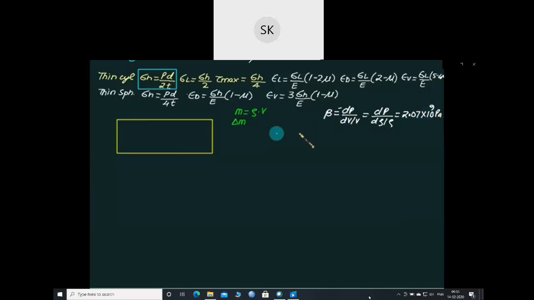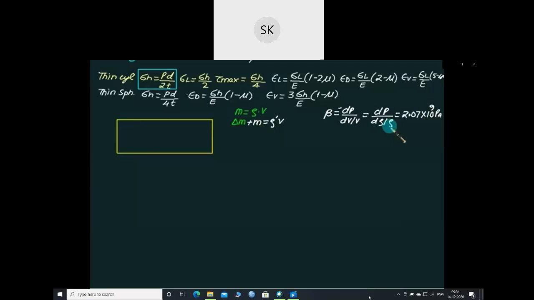So what I want to say is that if you want to add more water in the same volume, your next mass will become m plus delta m, but your volume remains constant. So your only chance is that the density must increase because your volume will not change. To increase the density, we pressurize the water using a pump.